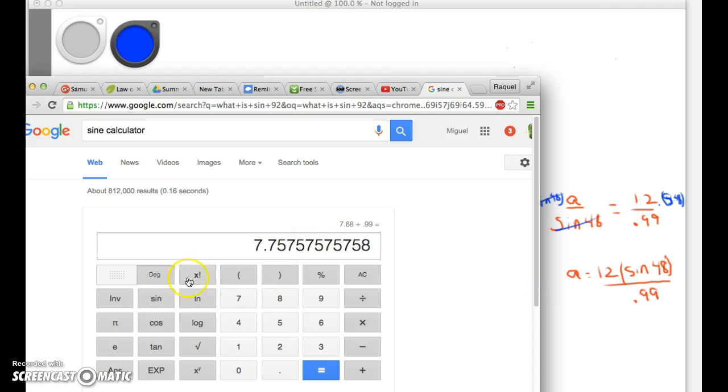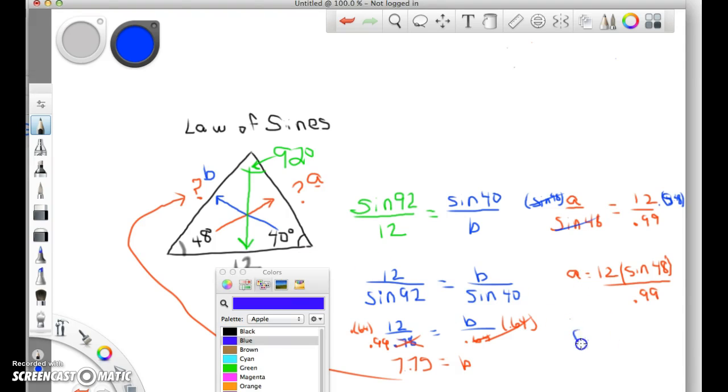All right, so I'm going to leave this here and we'll use our calculator to type it directly. Measure in degrees, all clear. So we're going to put 12 times sine 48 equals, and then I'm going to divide that whole thing by 0.99. So the answer is 9.